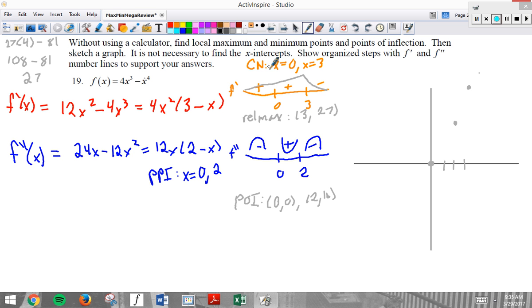Okay, so it should be concave down, concave up, concave down at 3. Okay. See, even the best of us. Concave down, switching to concave up. Blah. Okay, one more time.